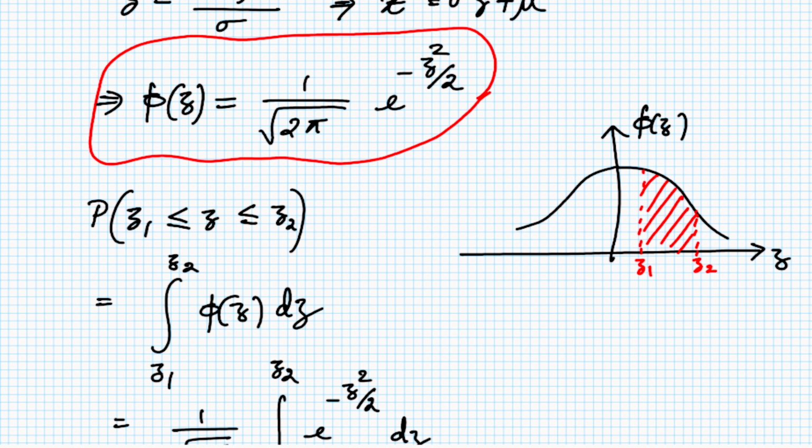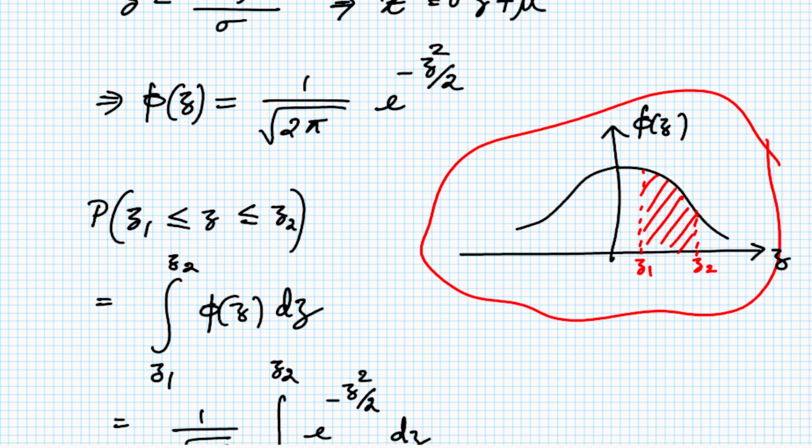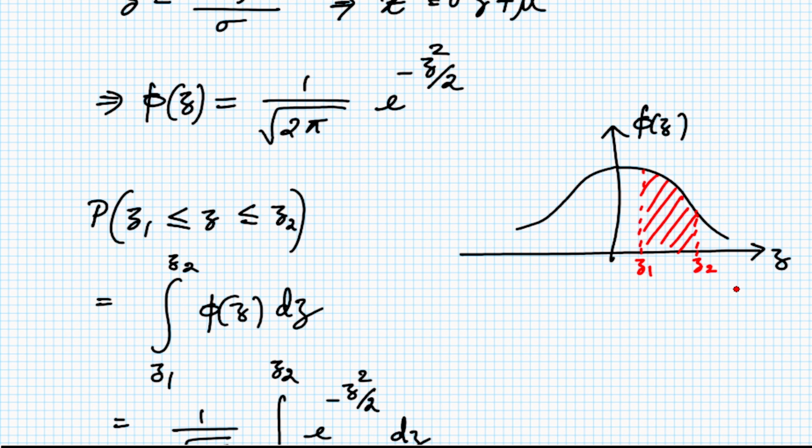If you want to calculate the probability that z lies between any two values on that axis, you can see a diagram or a graph over here. We are trying to calculate the probability of that random variable lying between z1 and z2, right? It is a well known fact that if you have a PDF, you integrate the PDF to get the probability.